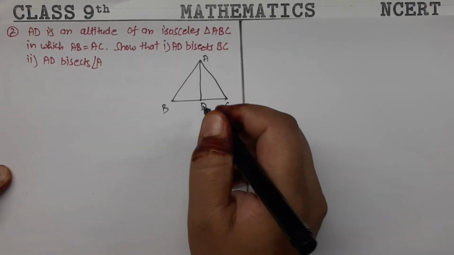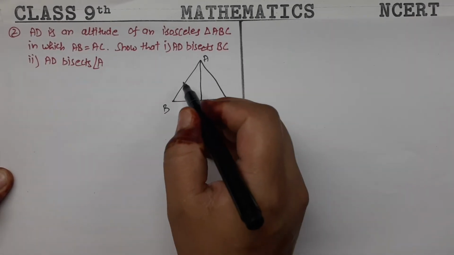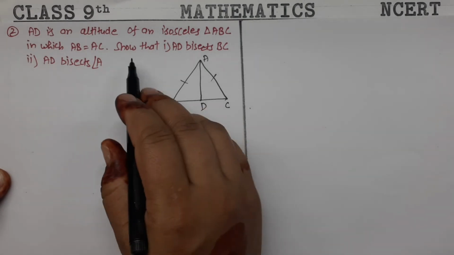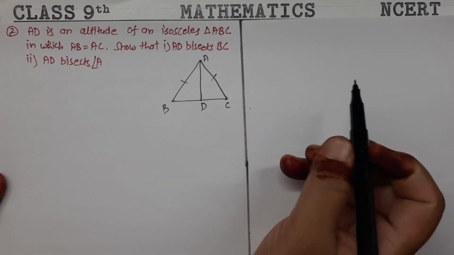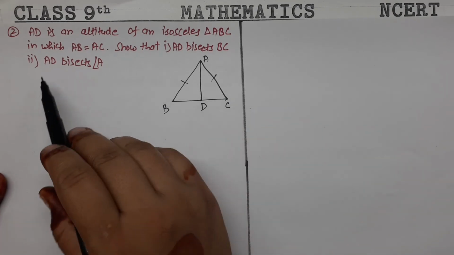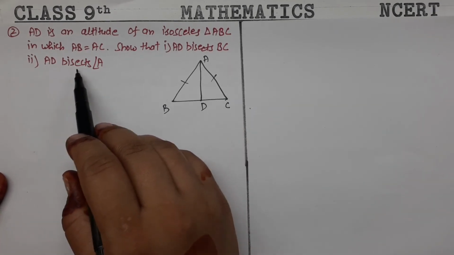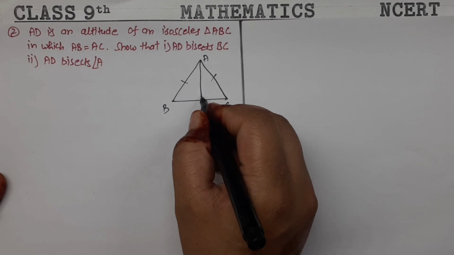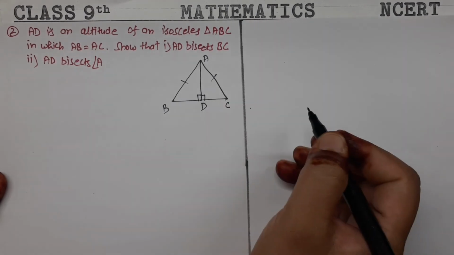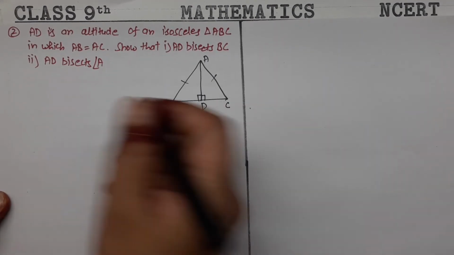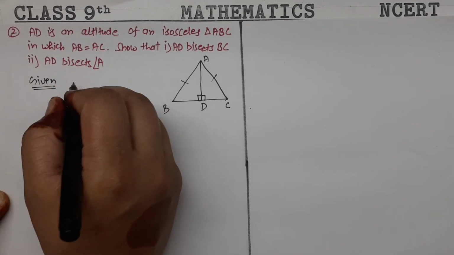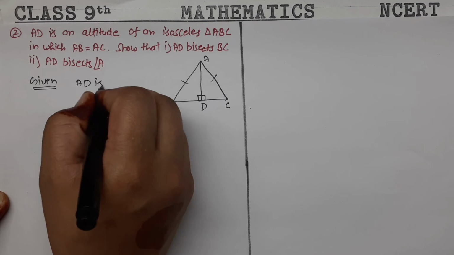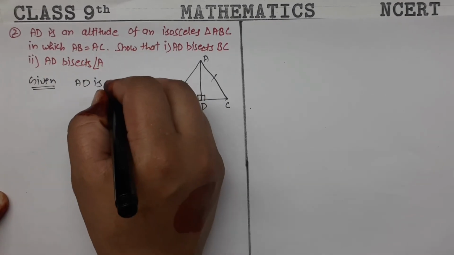Altitude, in which AB equals AC. Show that first part, AD bisects BC. Second part, AD bisects angle A. Altitude means to say angle of 90 degrees. Given, same from the statement.